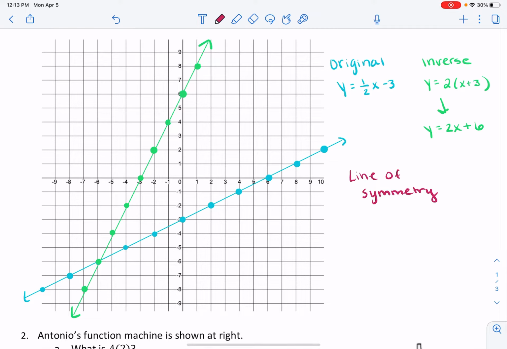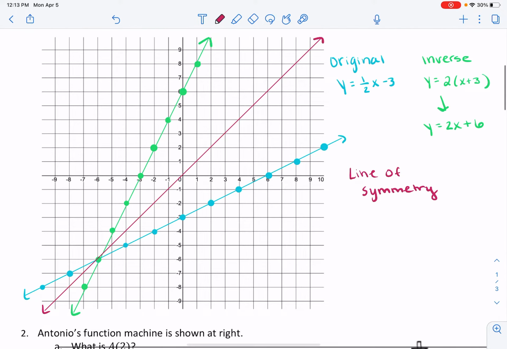If I were to make a line, it goes right through here. Let's see if it mirrors. Do you see how that line pretty much perfectly mirrors here? So that's our line of symmetry. Now mine might be just like the tiniest bit off, but you guys get the idea.